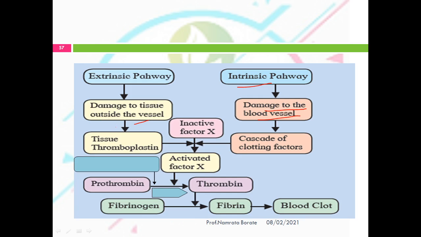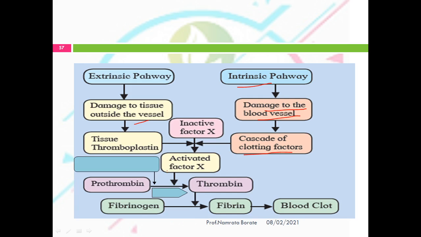Whenever there is an extrinsic pathway, there is a release of the thromboplastin, and whenever it's formed, there is activation of the clotting factors. This takes place in the presence of the calcium ion, and it is converted into the plasma inactive prothrombin.